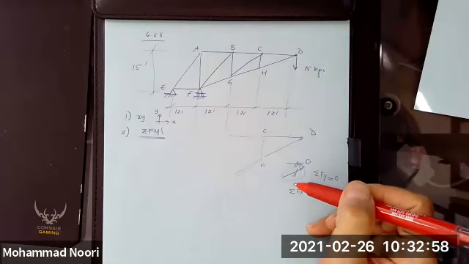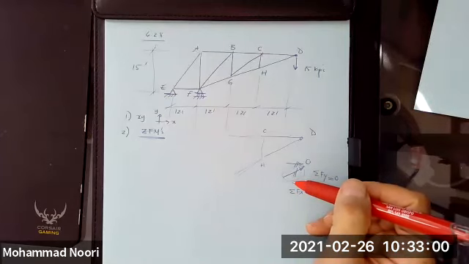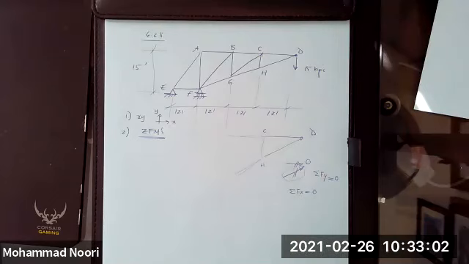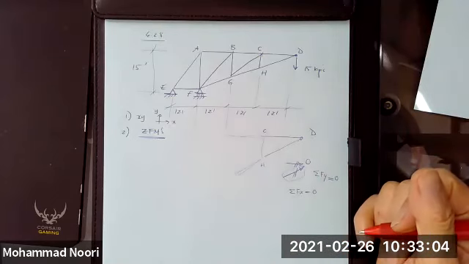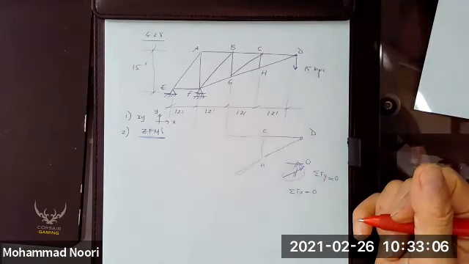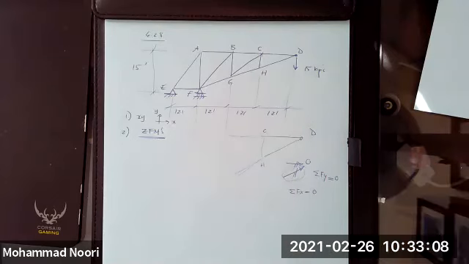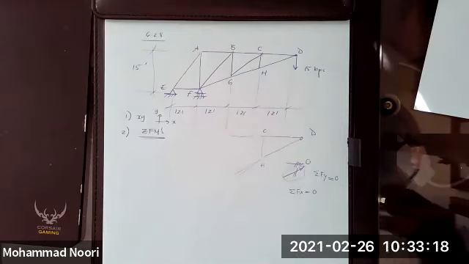So we conclude a special case of what I have told you about identifying the zero force members. I said that if you have three forces at a joint, two are collinear, the third one is zero, right?